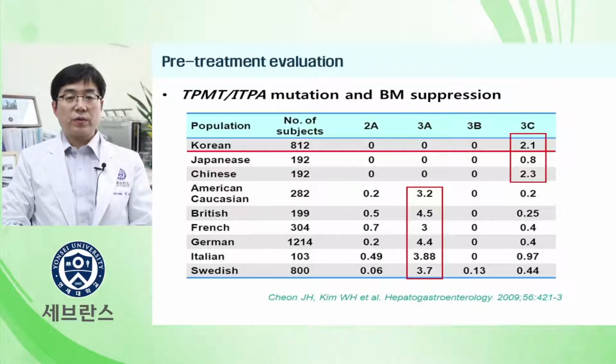As our group reported in 2009, we described the association of TPMT and ITPA genetic mutations with the adverse effects of thiopurines. However, we did not find any association of TPMT and ITPA genetic mutations with thiopurine-induced leukopenia.